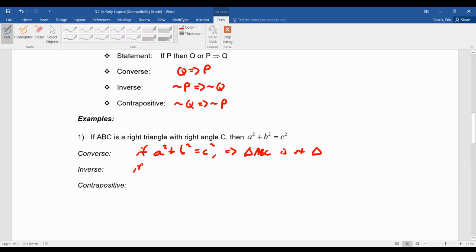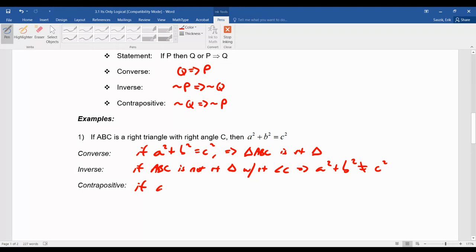Okay? The inverse, of course, would be if ABC is not a right triangle with right angle C, then A squared plus B squared does not equal C squared. And again, regardless of whether that's true, that's still the inverse. Okay? Turns out that's true. That's just coincidence, though.